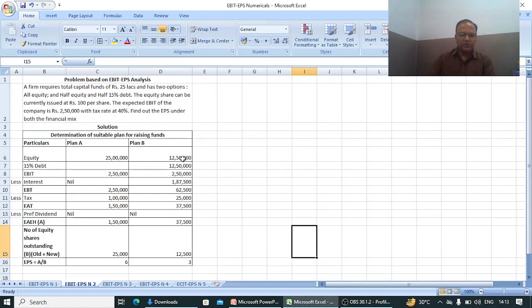Then EBT minus 62500, tax 25, 37500, 250, 250 minus 150.